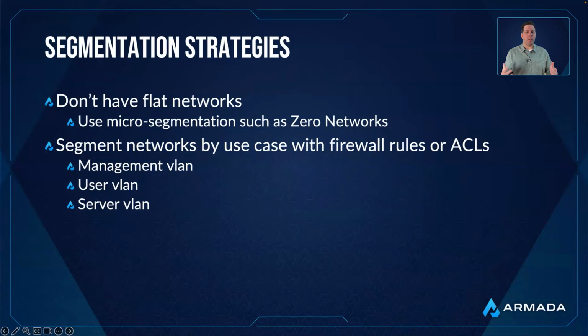So even if something ends up in that management VLAN, if you're using firewall rules or some sort of other control, unless they're allow listed, they're not going to be able to move over to that server VLAN. Most of the time, they're just on one host and they're spraying all the endpoints in the organization.